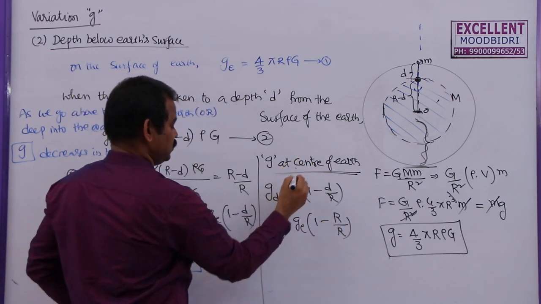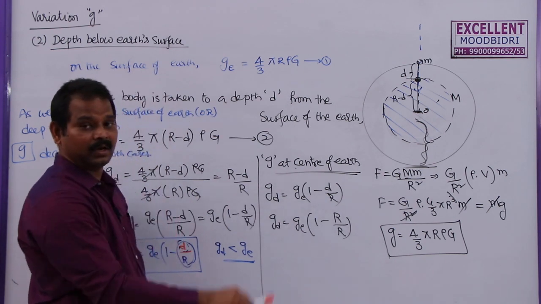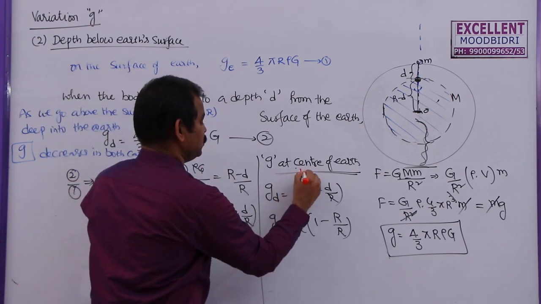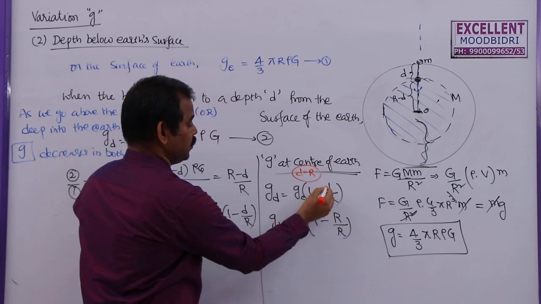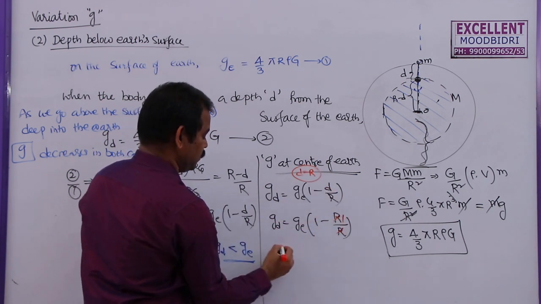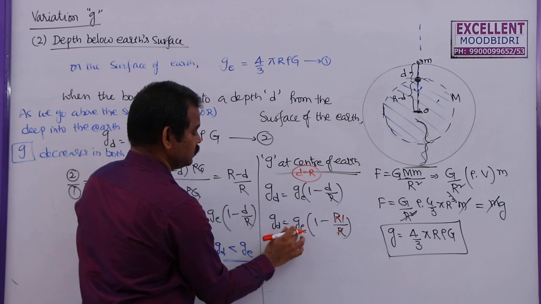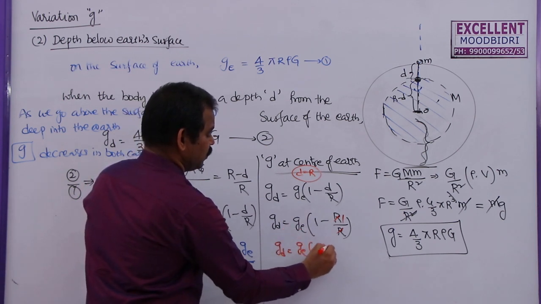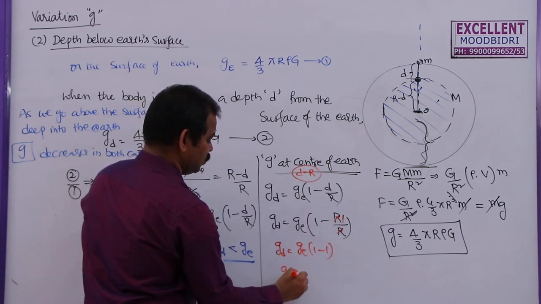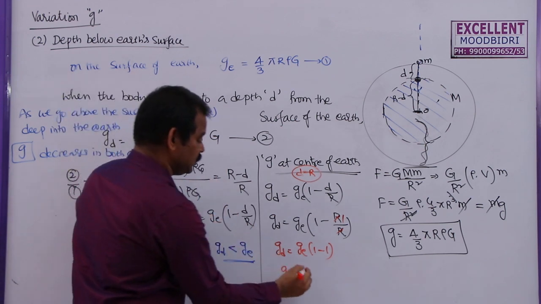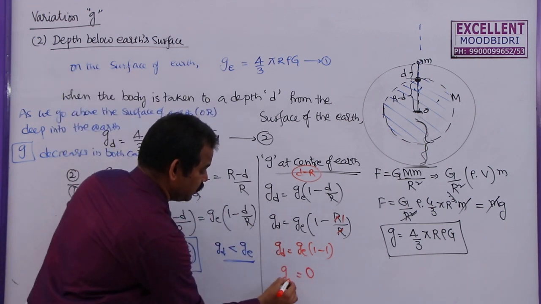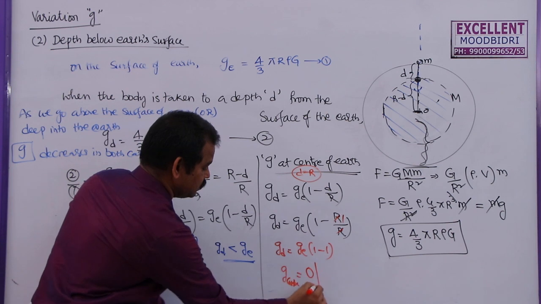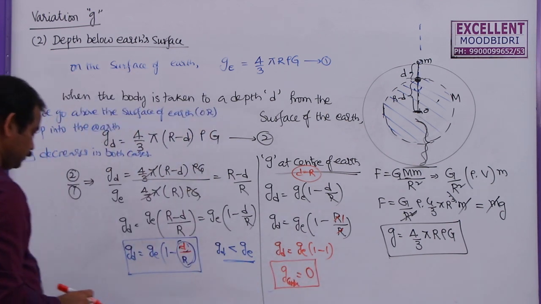At the center, remember this, depth is equal to radius. So I am replacing d with R, the R's get cancelled, and g_d becomes g_e into (1 minus 1). So acceleration due to gravity at the center of the earth is 0. So g at the center of earth is always 0.